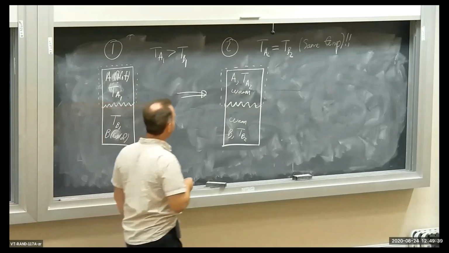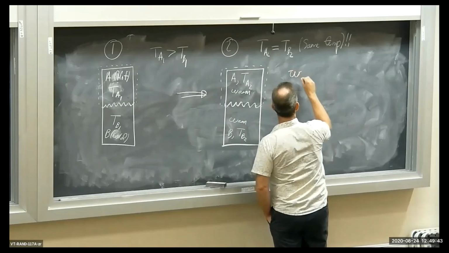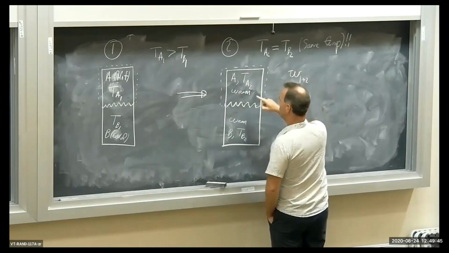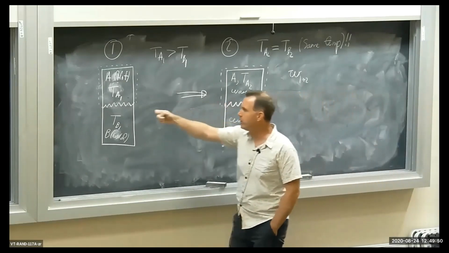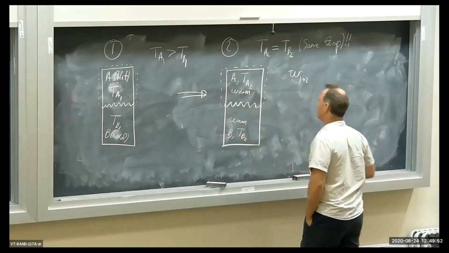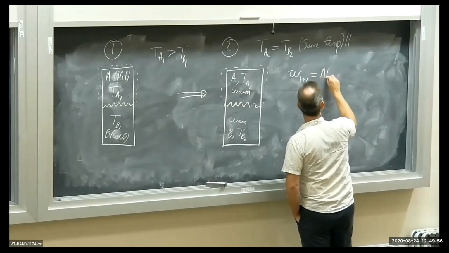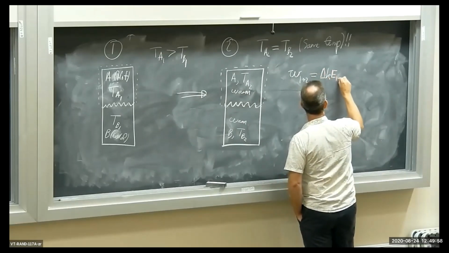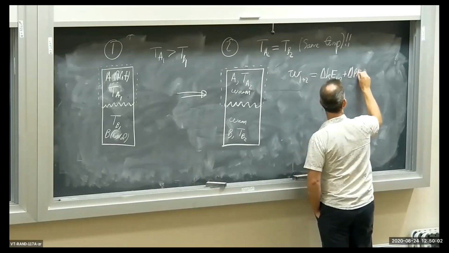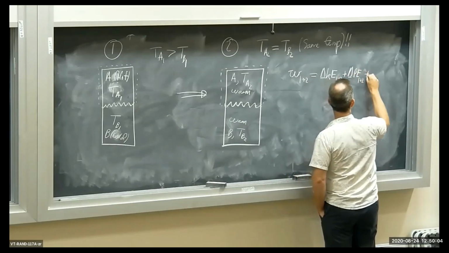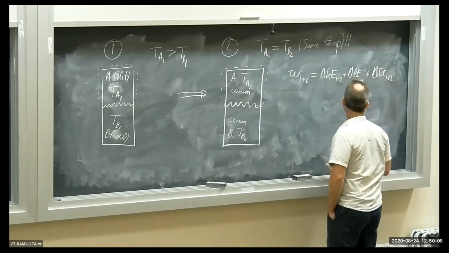Let's apply the energy balance. Work from state 1 to state 2, and this is for the A bar system, the one that was originally hot and becomes warm, is equal to change in kinetic from 1 to 2, plus change in potential energy 1 to 2, plus change in internal energy 1 to 2.